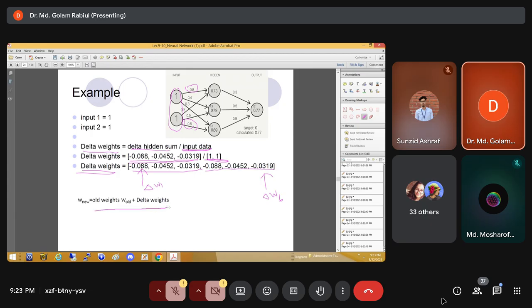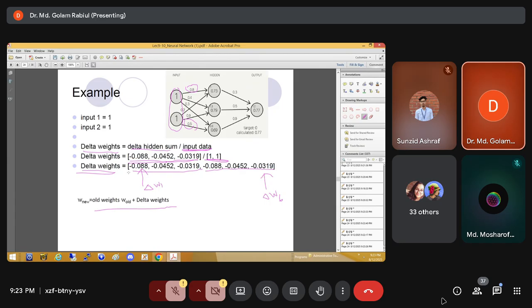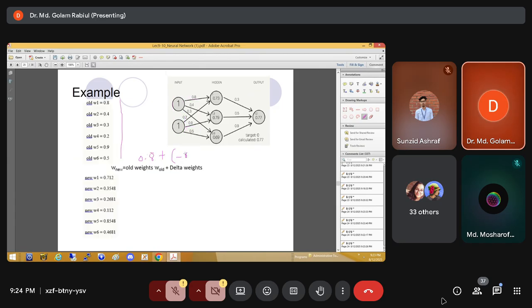Now, utilize this equation to find the new values of W1, W2, and W3. These are the old values of W1, W2, W3 up to W6, and the new values will be here. This is 0.8 for W1 plus the delta weight, negative 0.088, and we will get 0.712.